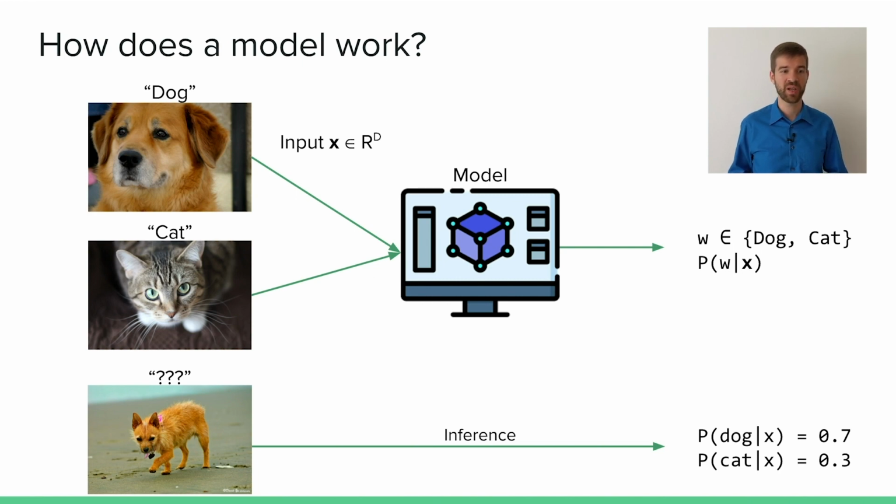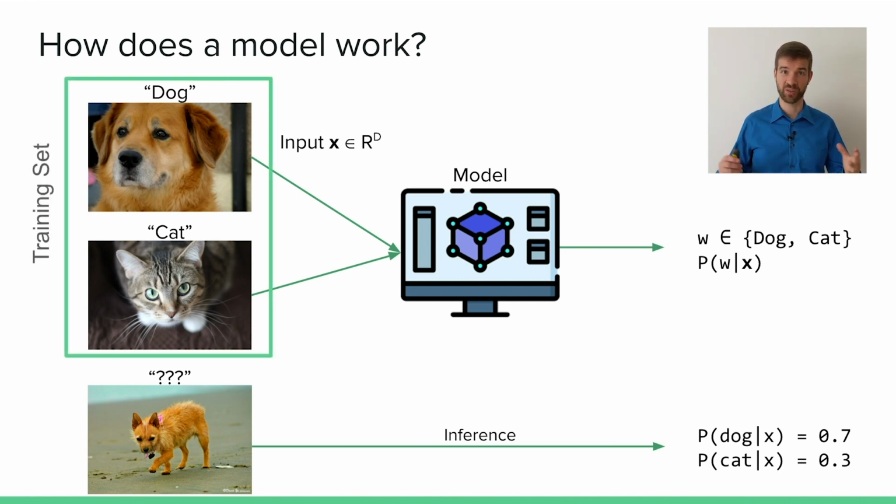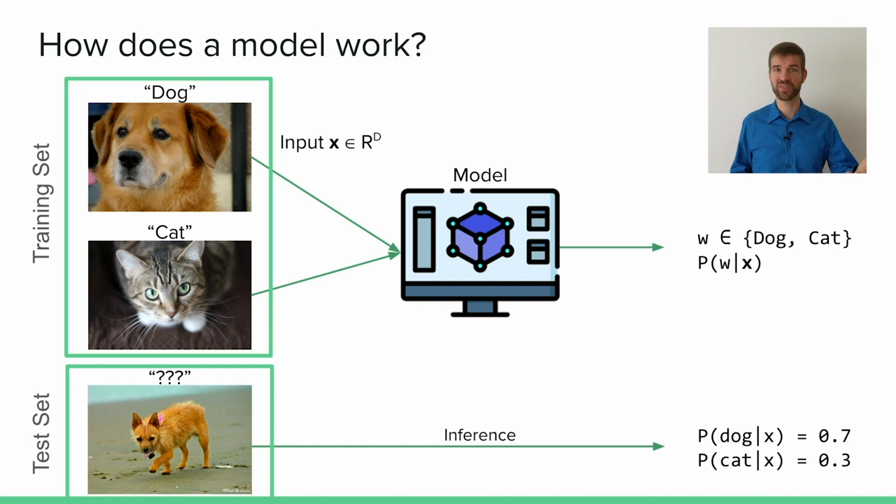The first step would be to take the training set, so the images that we separate away and that we show to the model in order for it to tune its parameters, to learn how to do the task that we ask of it. And then the second part is the inference, where we take images from our test set, images that the neural network has not seen before, and ask it to make a prediction.